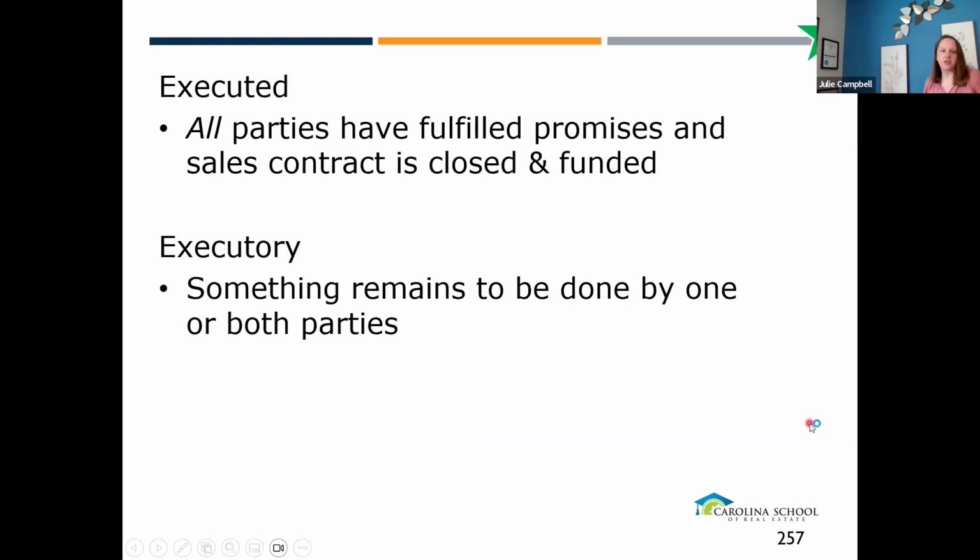Contracts can also be executed or executory. An executed contract means all the promises have been fulfilled. It's complete. It's a done deal. And our sales contract for real estate, it means that it's closed. The seller's been paid, the buyer has the keys, the deed has been recorded. It's a done deal. An executory contract is a contract in motion. We're under contract, we're contractually obligated to each other, but we still have things left to do.